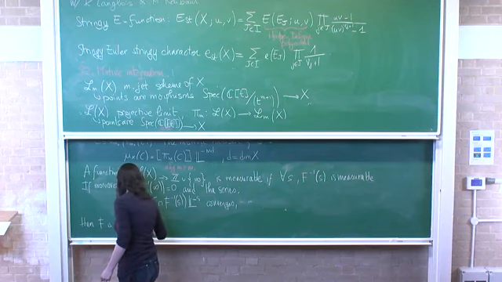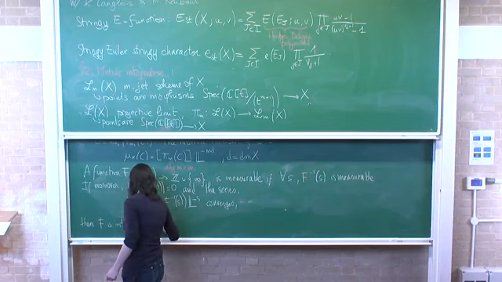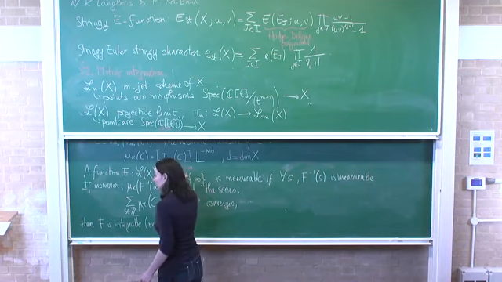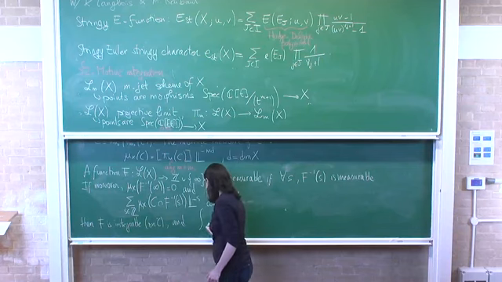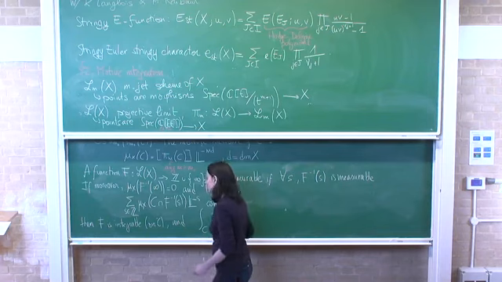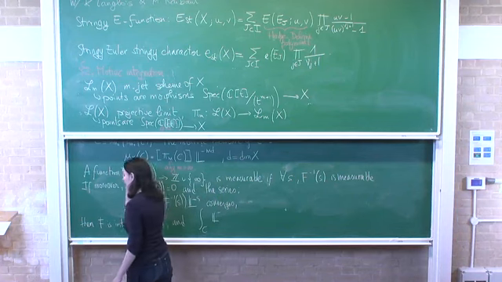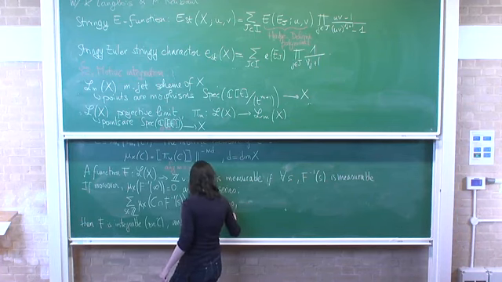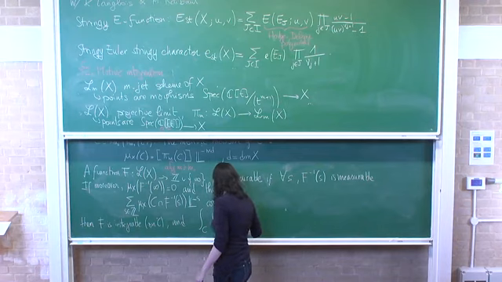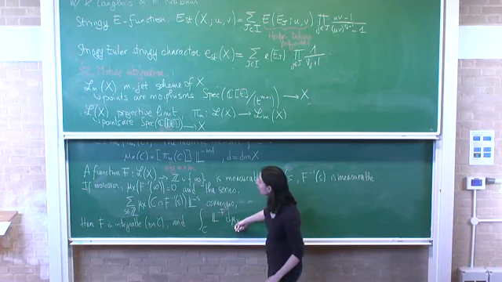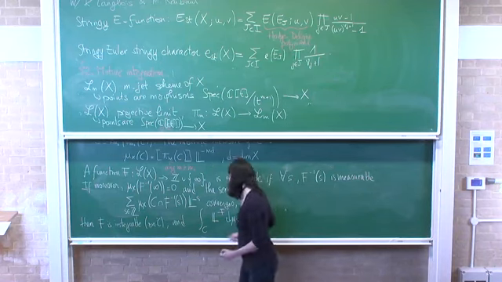Well, on C, and the formula for the integral, so the integral over C, so this is just notation, but I write this as L to the minus f d mu x. So that's the notation I had used for here.